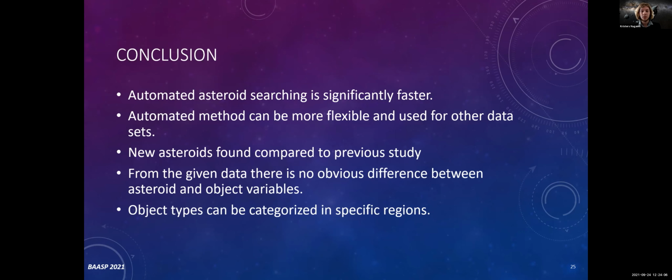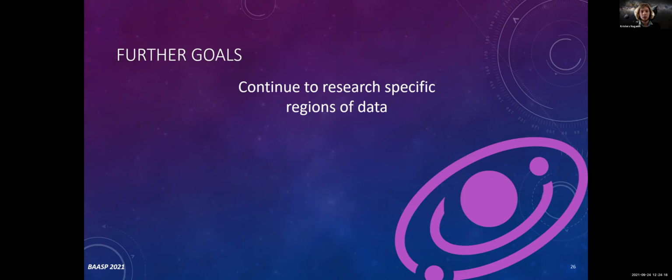And talking about differences, there is no obvious difference between asteroids and all of the objects, but I could categorize specific object groups.